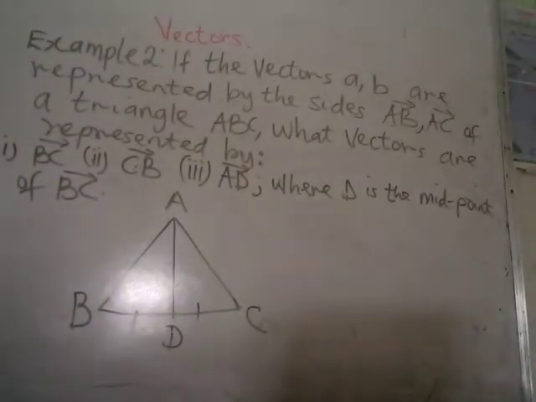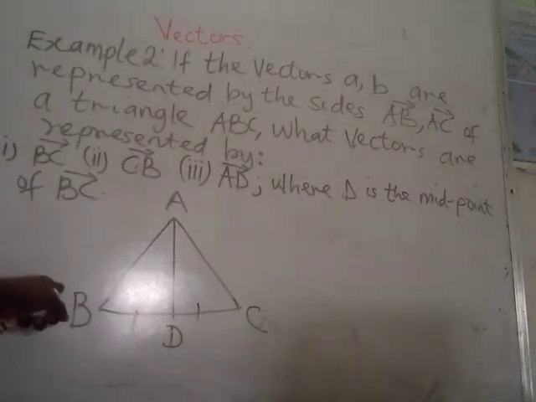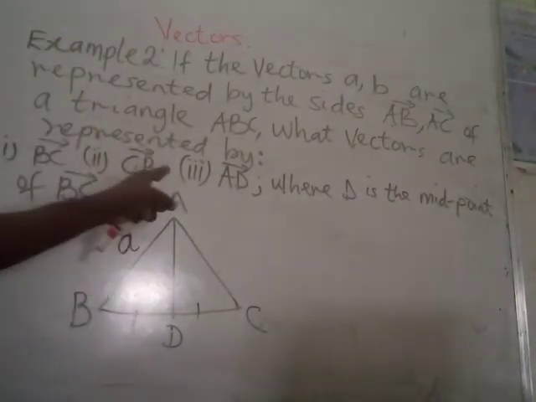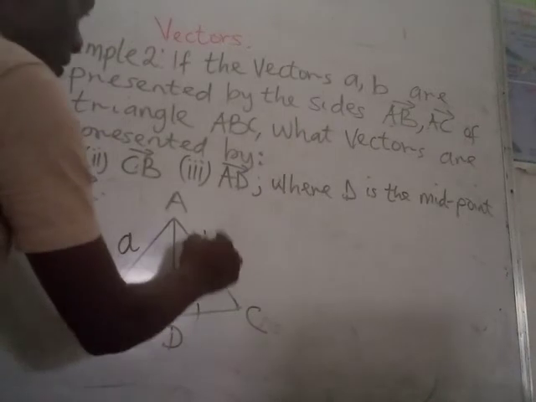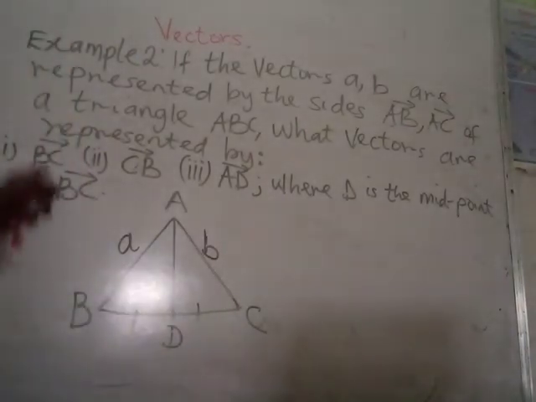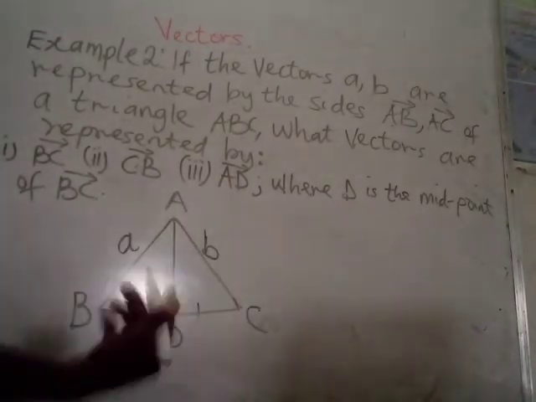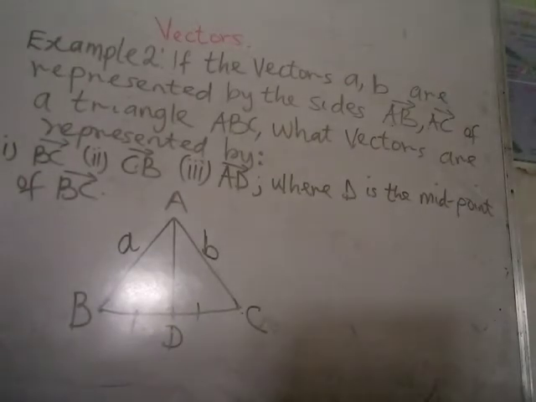Vector AB is represented by a, and AC is represented by b. So we can now find the vector representation of BC. There are two ways I can do it.